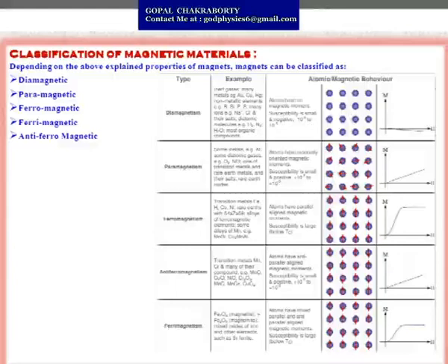Now the first topic is the classification of magnetic materials. As I have told you, depending on their magnetic properties, the materials can be divided as diamagnetic, paramagnetic, ferromagnetic, antiferromagnetic, and ferrimagnetic materials.